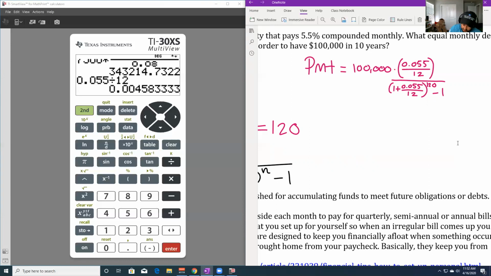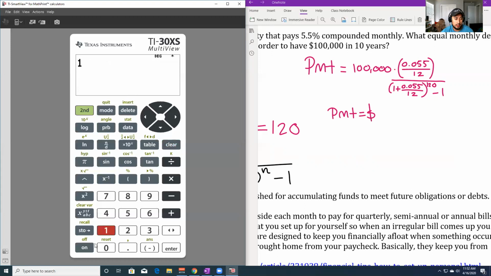So next is just, what is our payment? Okay, so clear, and here we go. 100,000 times fraction button again, 0.055 over 12 over parentheses 1 plus fraction button 0.055 over 12.